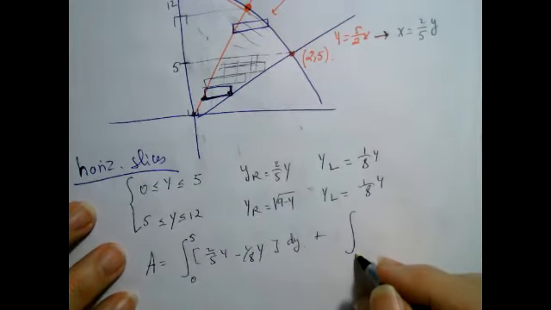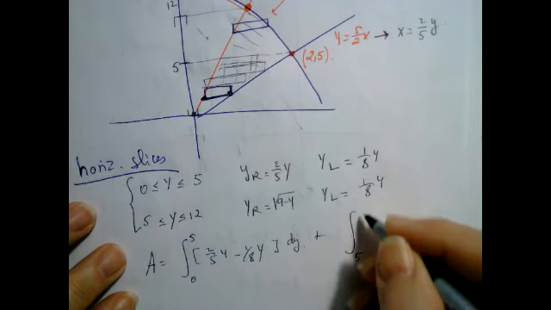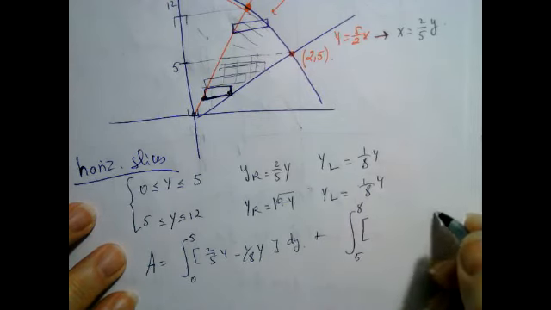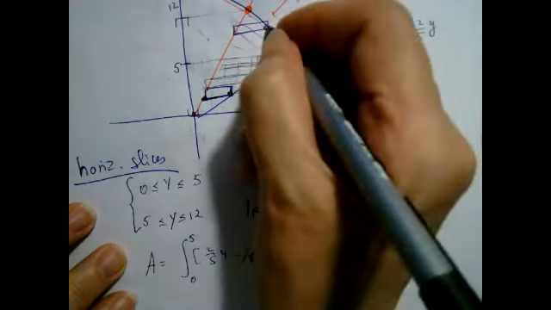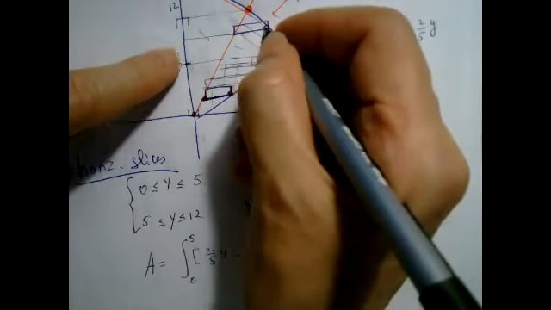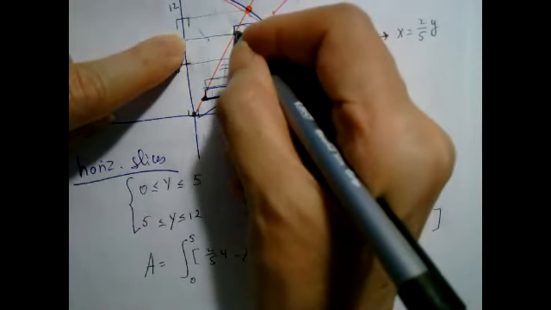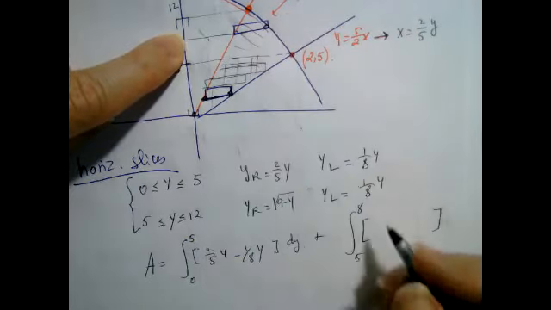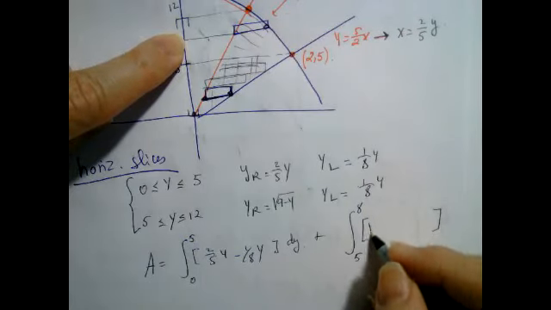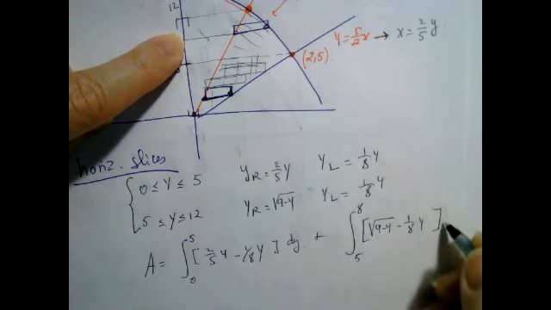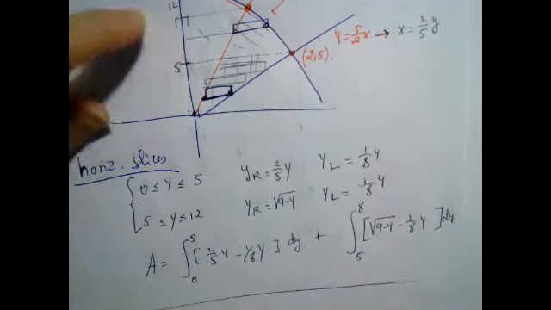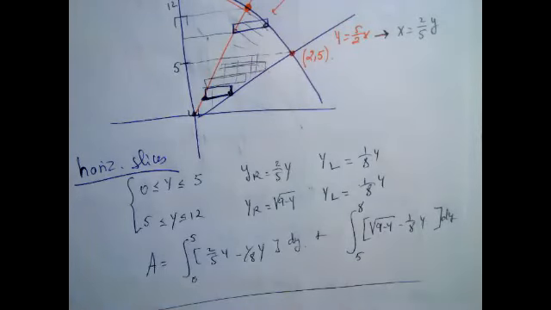And this one is from 5 to 8. It's the square root of 9 minus y minus 1/8 y dy, because you're computing the length from here to here, minus the length from here to here. That's really how I visualize it all the time.